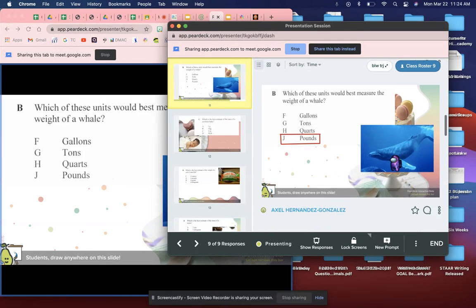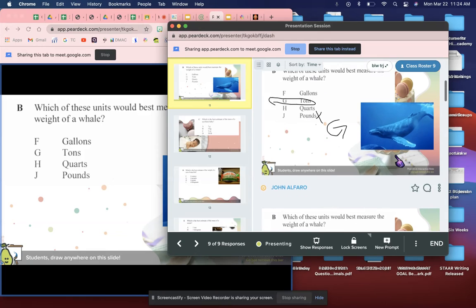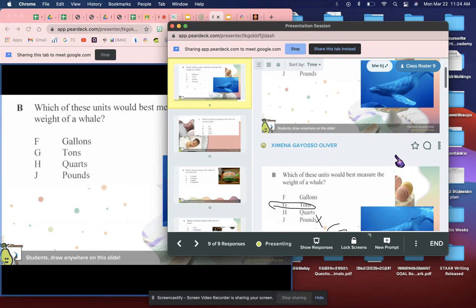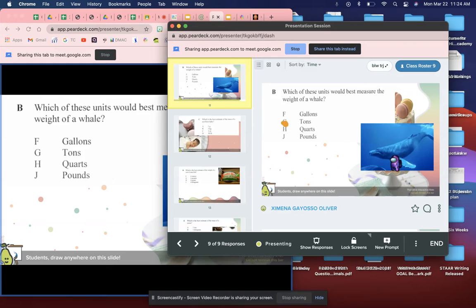So be careful on that one, Axel. We would not weigh the whale in pounds because it will be too many pounds. The whales are huge, bigger than a car, right? So remember, a car is a ton. So a whale, we would weigh it using tons.